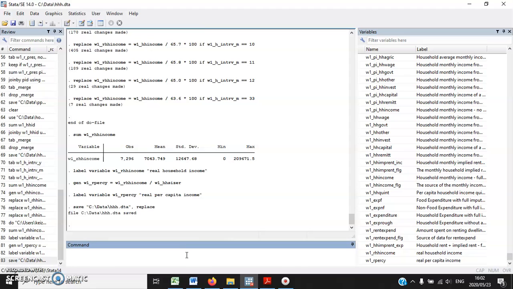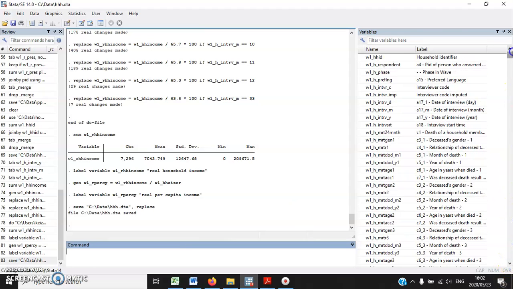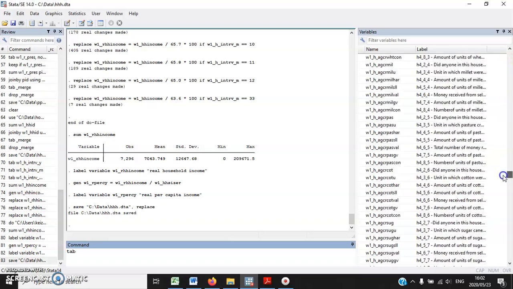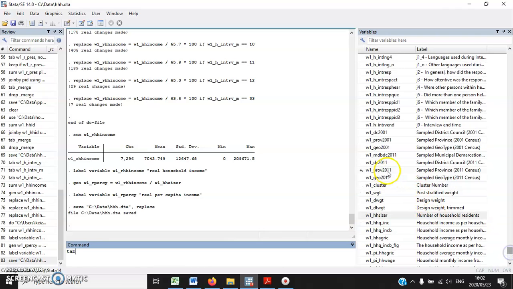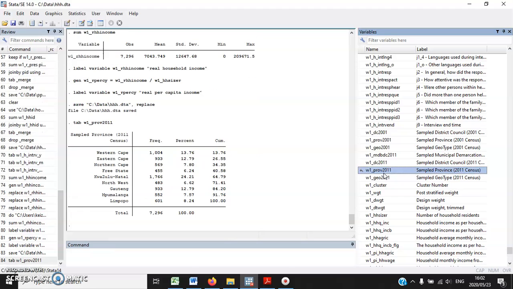By the way, maybe you are interested. How many households are there? We know that. Maybe is there a province variable? Can I just randomly tap province? It is here. W1 PROV 2011. We already know the sample size at household level is 7296, but what if I want to know the weighted figure? 2011, weight, integer, W1, WGT.